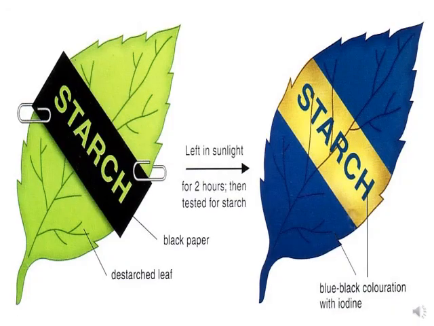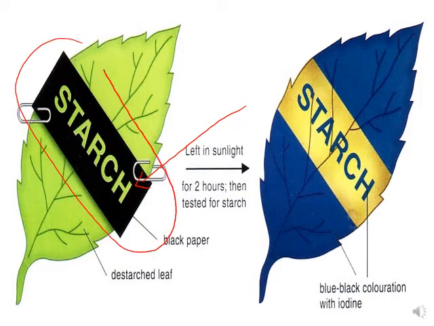So you have to know that we have this plant. We covered a part, which is this black part, with a black cover or black paper. The rest is green and exposed to sunlight, while this part is covered by the black paper and is not exposed to sunlight. After 2 hours, we did the iodine test.